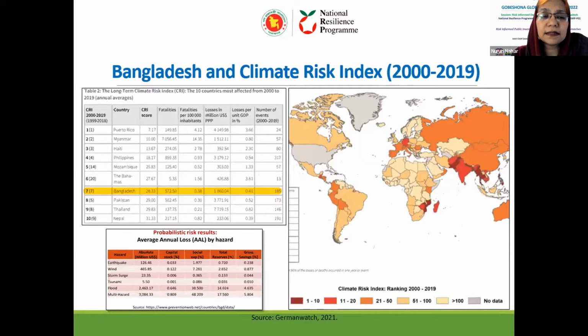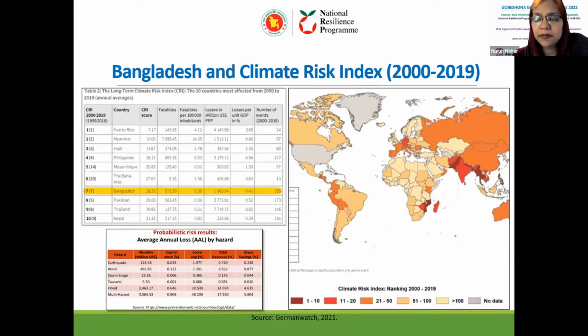And globally, Bangladesh is known as a vulnerable country. A recent publication shows that in a ranking, it is 7th out of the 10 most vulnerable countries in terms of climate risk, which was published by Germanwatch last year.